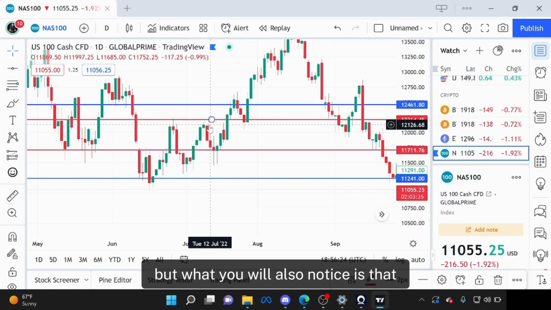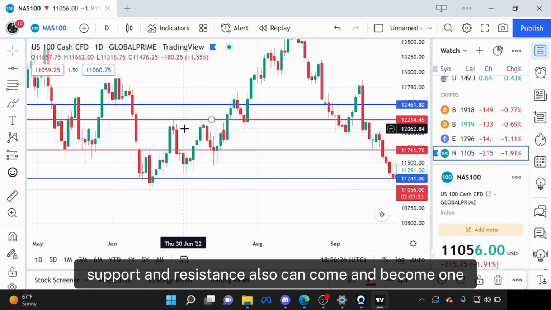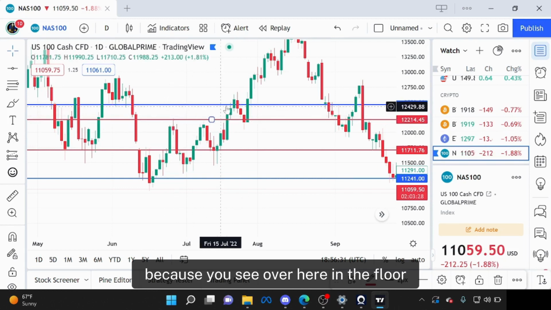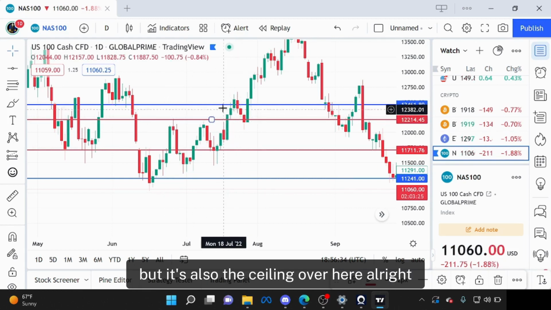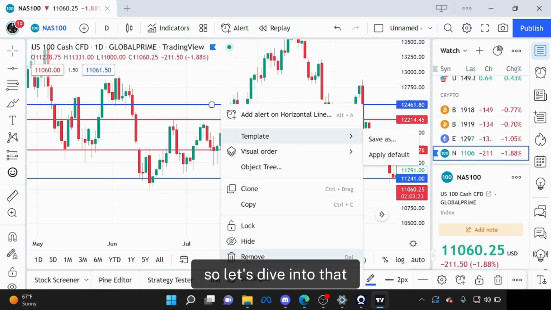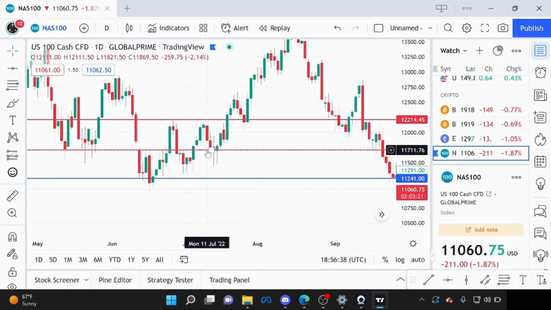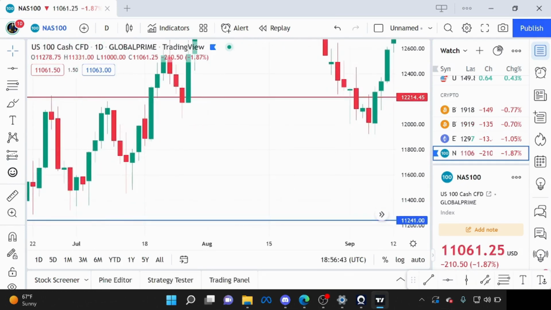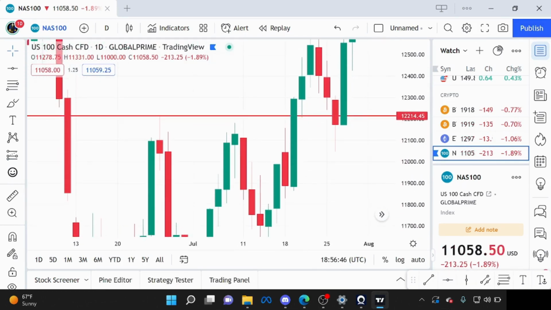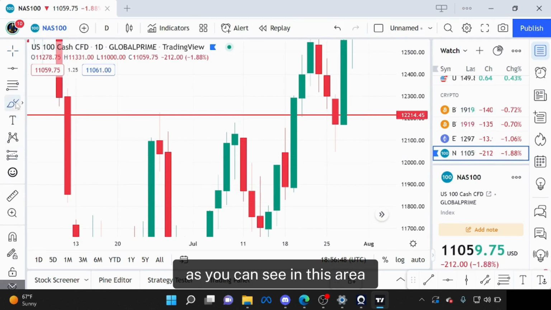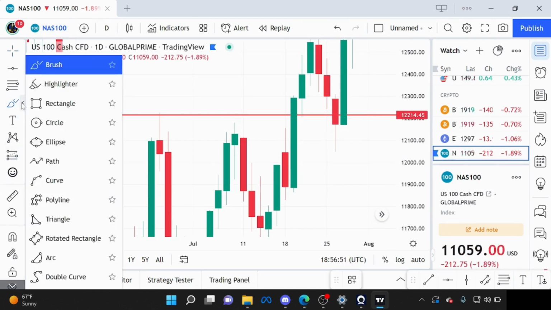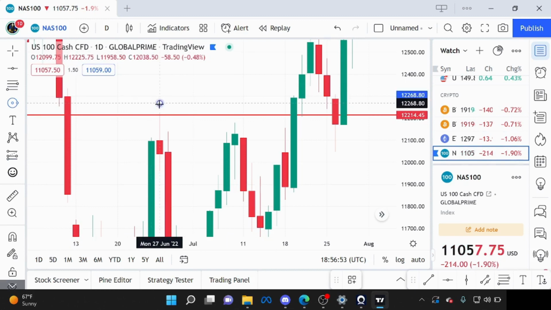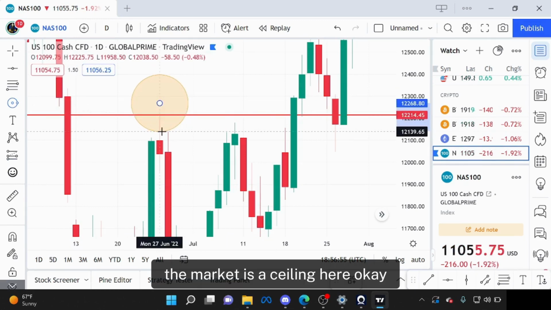But what you will also notice is that support and resistance can also become one, because you see over here is a floor, but it's also the ceiling over here. All right, so let's dive into that so you guys can see exactly what I'm talking about. As you can see in this area, the market is a ceiling here, okay?